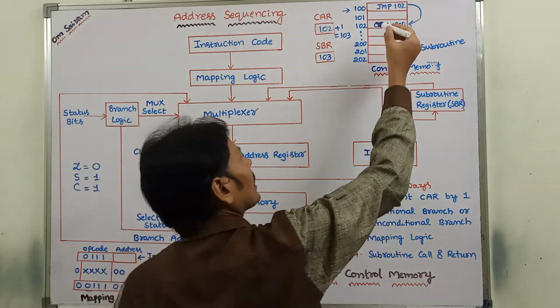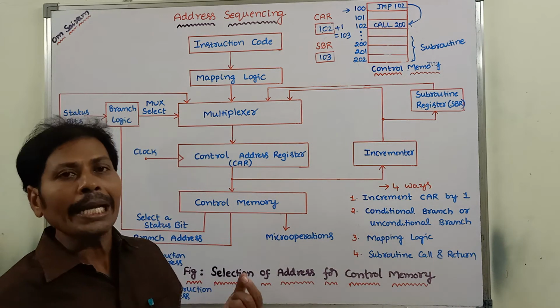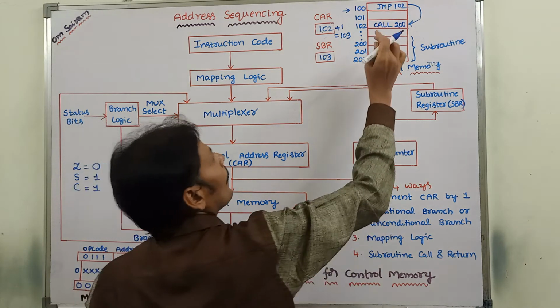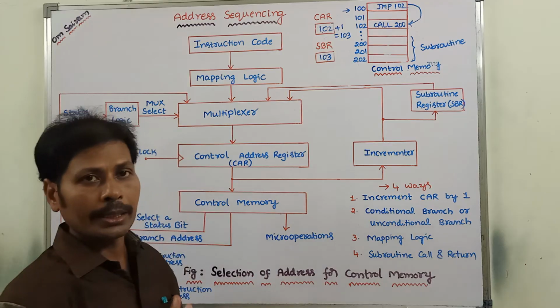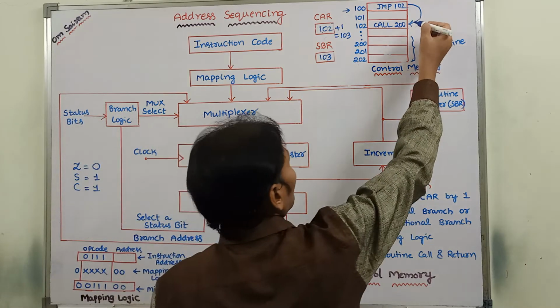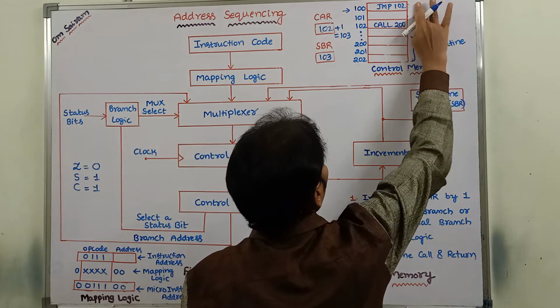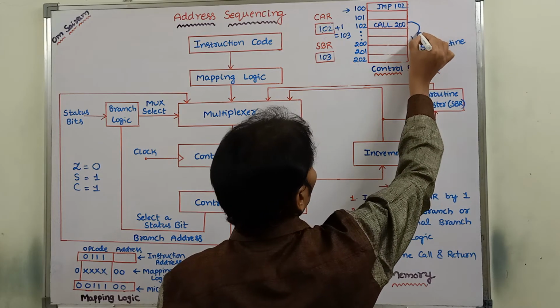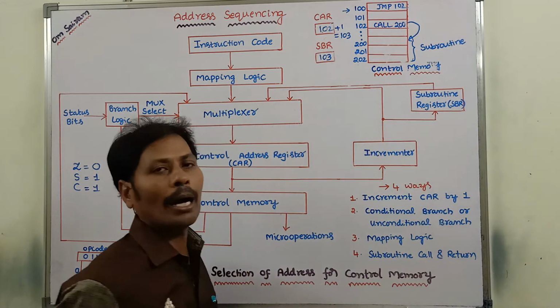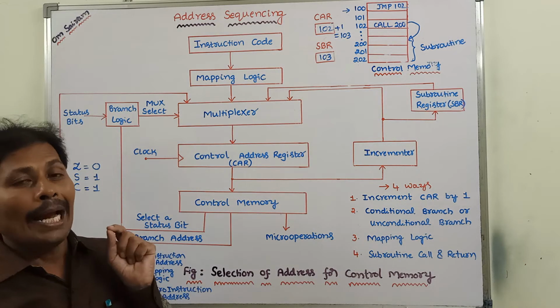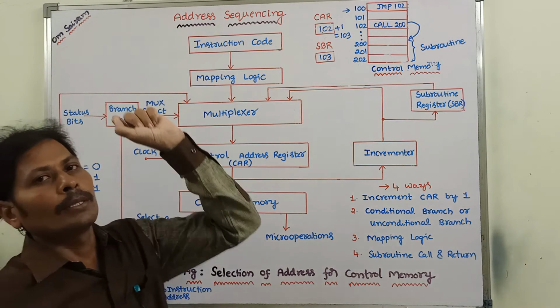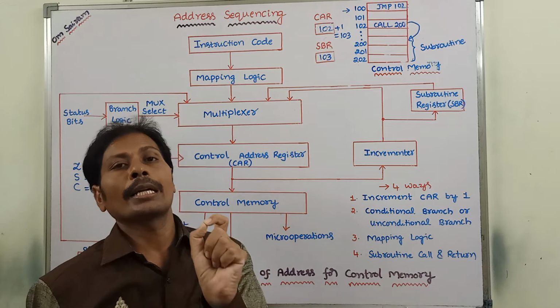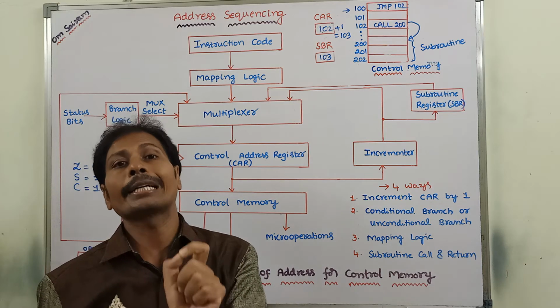Whenever we are calling a subroutine at 102 address, the program control immediately transfers from 102 address to 200 address. At that time, the subroutine register can store the return address.